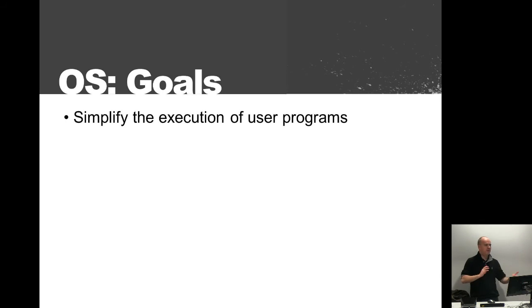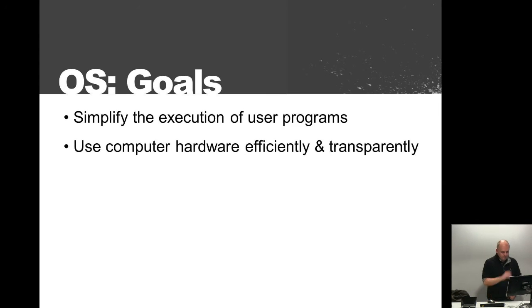And it's doing the communication between that program and your hardware. So you want the hardware to be used efficiently, but you don't want to bother about it. You don't want to know about it, okay? You want to be able to run your software the same way, whatever machine using the same operating system.